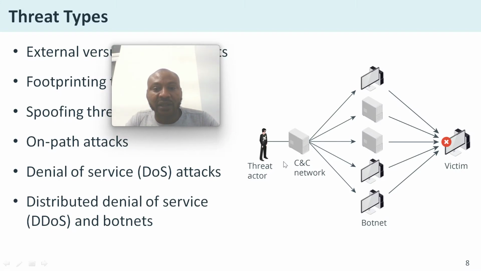That means the threat actor has a system that is controlling all this that's happening. He's distributing messages to all the bots, and the bots are flooding your system from different angles. He's doing that from a command and control, the system where he sits down and controls all the activity that is going on. So we call that a distributed denial of service attack.